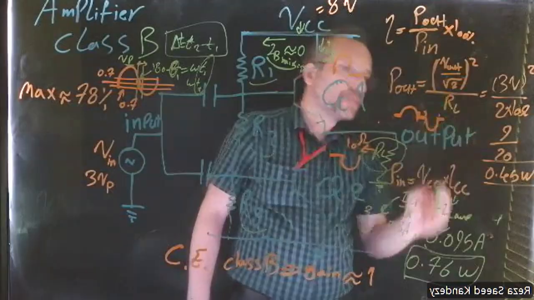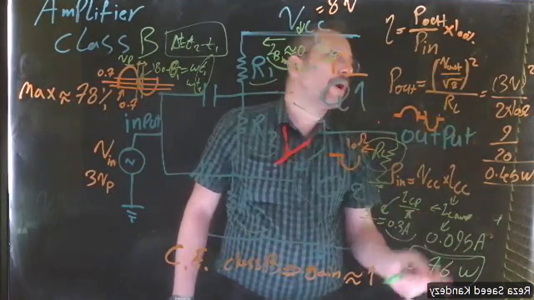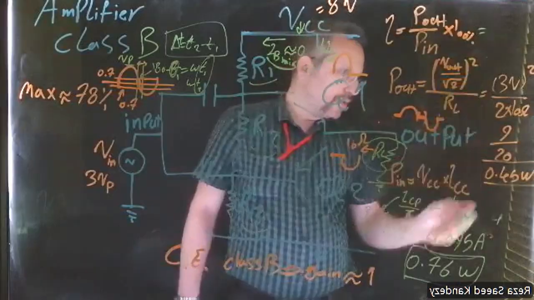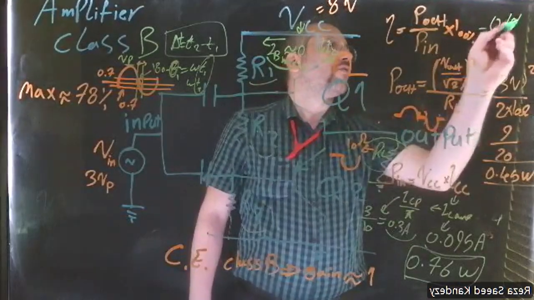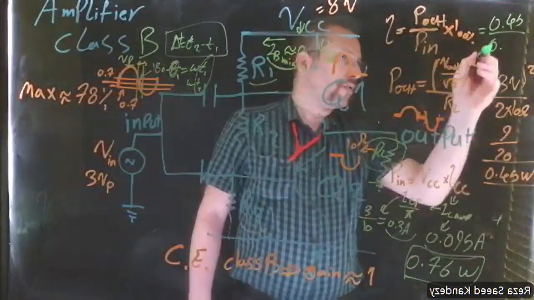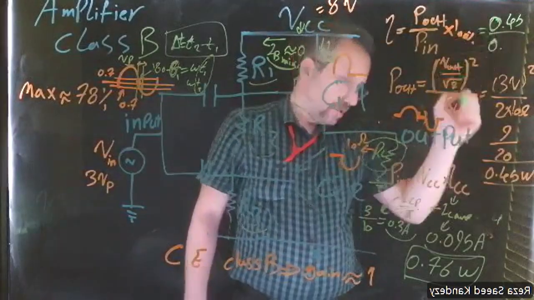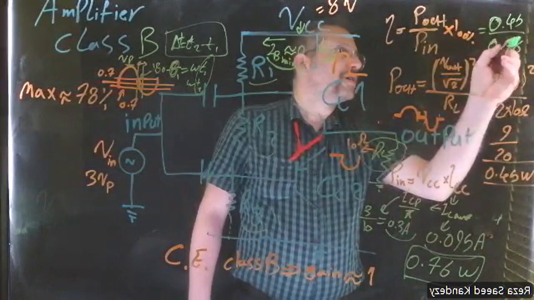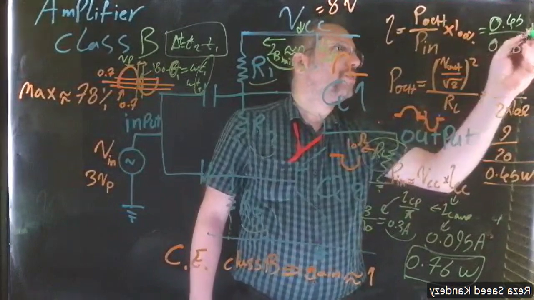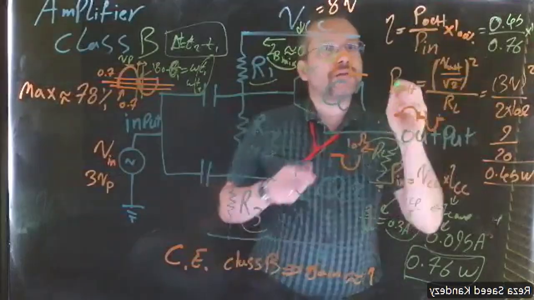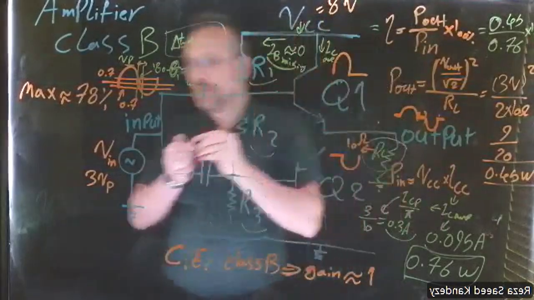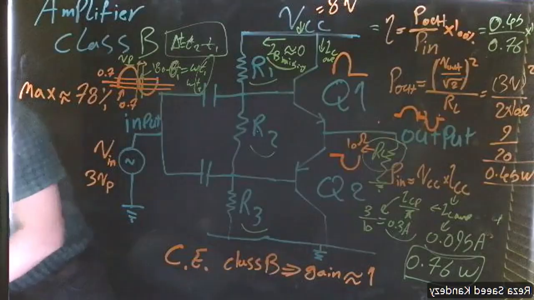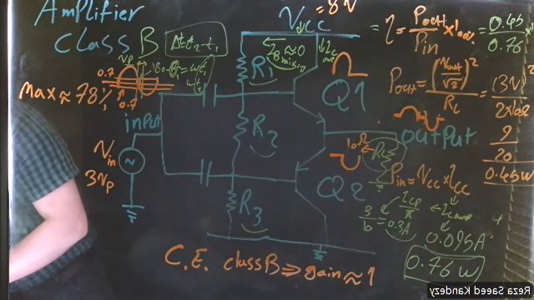Now, what would be our efficiency? Output divided by input, which is 0.45 over 0.76 times 100%. Let me calculate that.